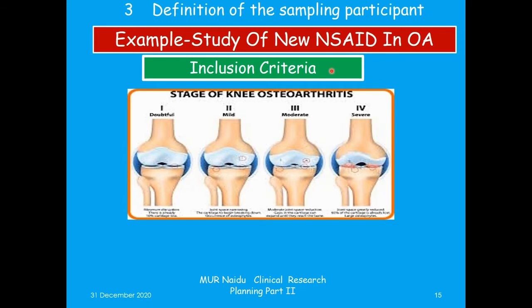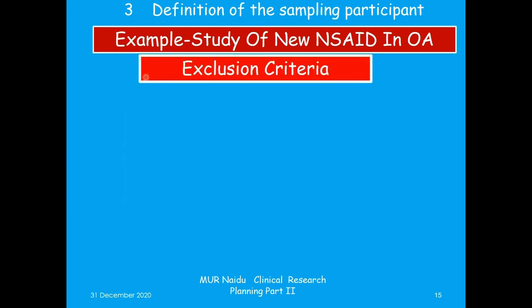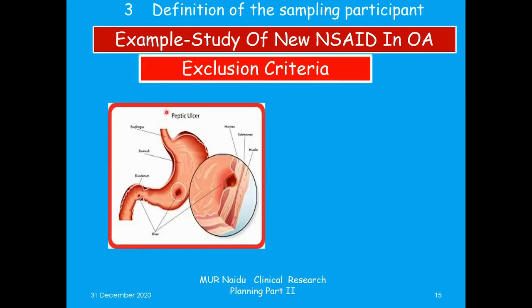Now coming to exclusion criteria, with our knowledge we know that non-steroidal anti-inflammatory drugs are known to cause gastric irritation, so they should not be used in patients who have a history of gastritis, peptic ulcer or duodenal ulcer.